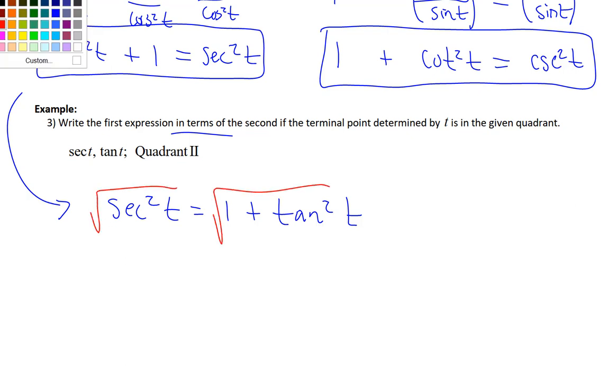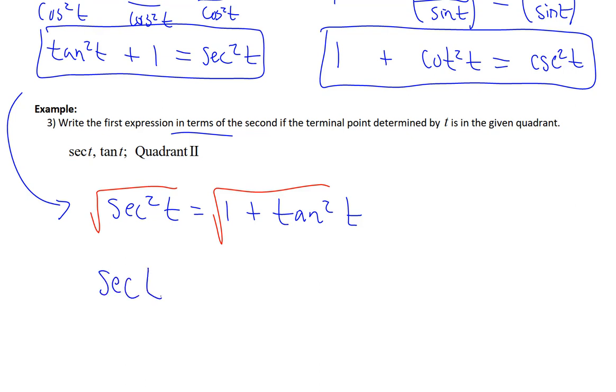We'll do that. The square root of secant squared of t we could write as just secant of t, with the cost of now having to put a plus or minus on the other side in front of that root. You may recall from algebra, when you take the square root of both sides of an equation, we have to throw in a plus or minus, which accounts for the absolute value that's actually showing up behind the scenes.